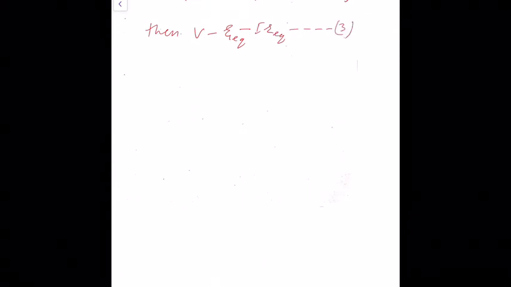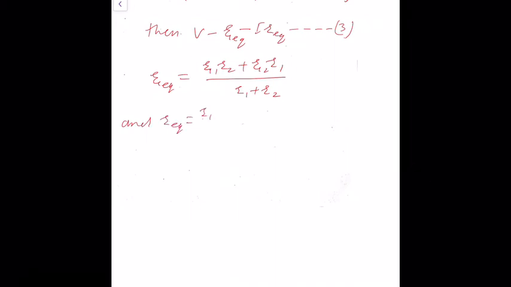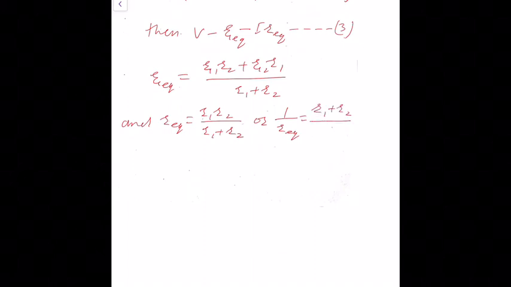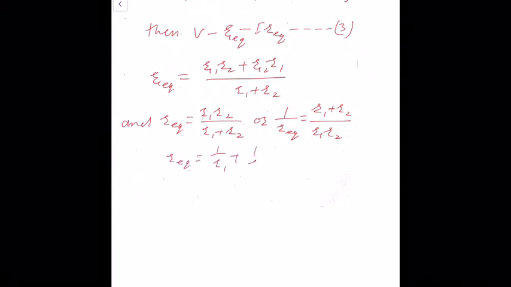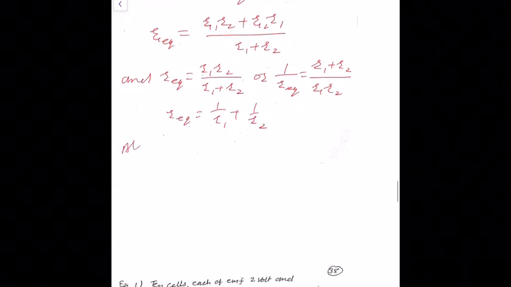It is equation 3. Comparing equations 2 and 3, we get E_eq = (E1r2 + E2r1)/(r1 + r2), and r_eq = r1r2/(r1 + r2), or 1/r_eq = (r1 + r2)/(r1r2), or 1/r_eq = 1/r1 + 1/r2.